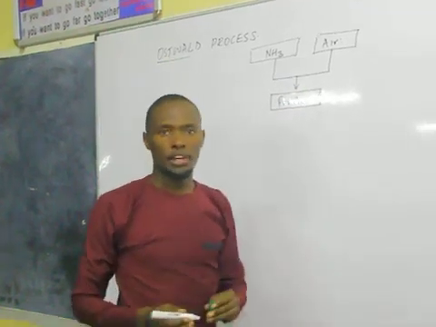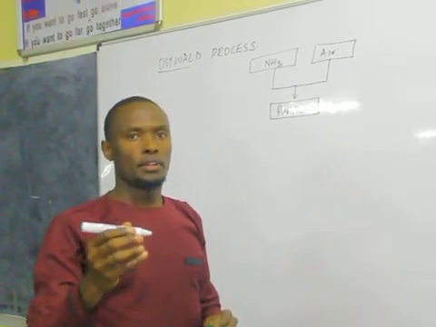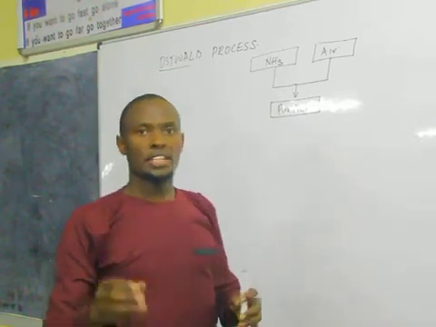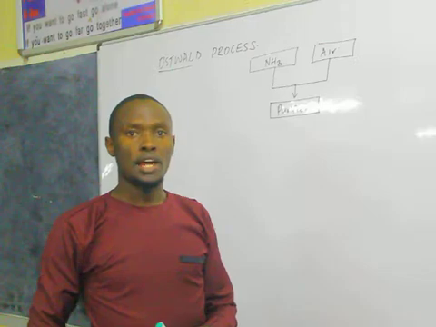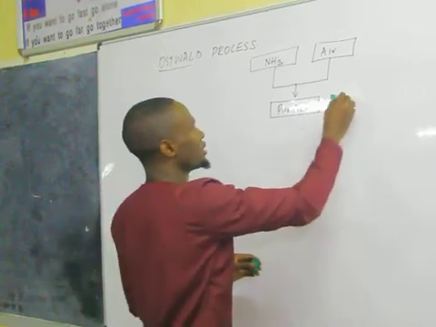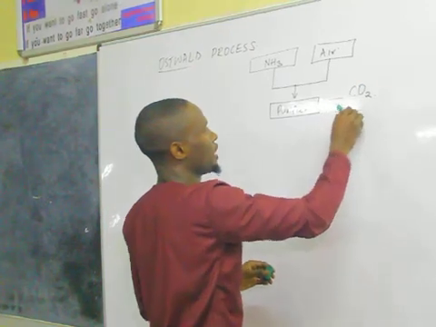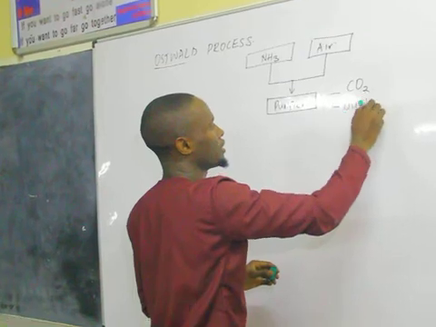In the purifier, the waste products or substances that may poison the catalysts used in this process are removed. These substances include carbon dioxide and dust particles.